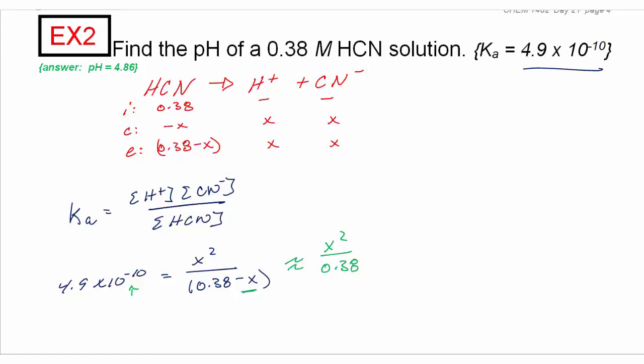So my equation looks like this. 4.9 times 10 to the negative 10 equals x squared all over 0.38. So bring 0.38 to the top, take the square root. 4.9 times 10 to the negative 10 times 0.38 equals, take the square root, about 1.36 times 10 to the negative 5.